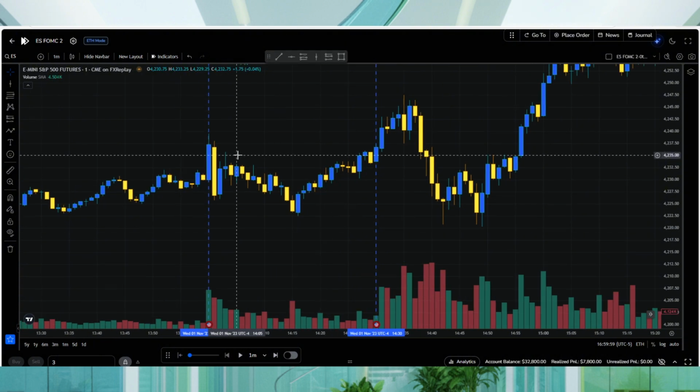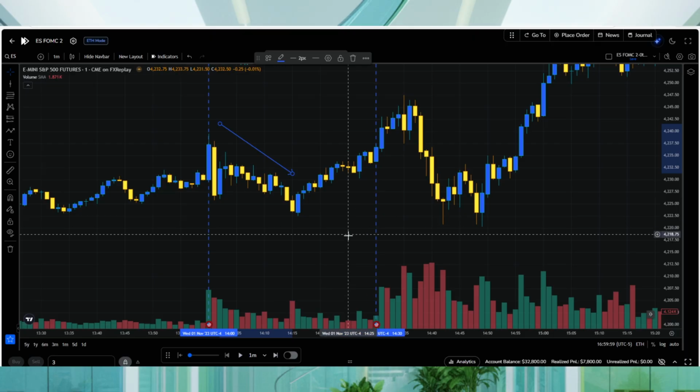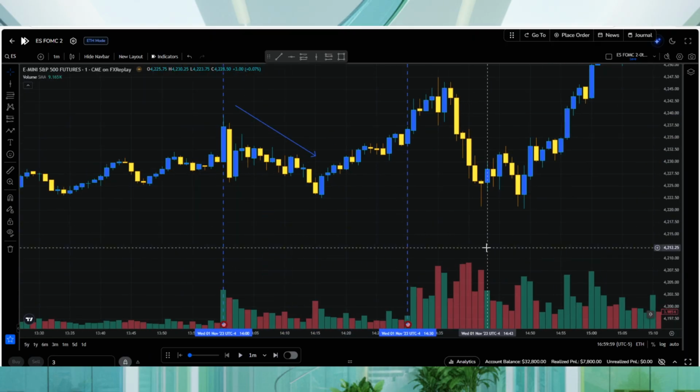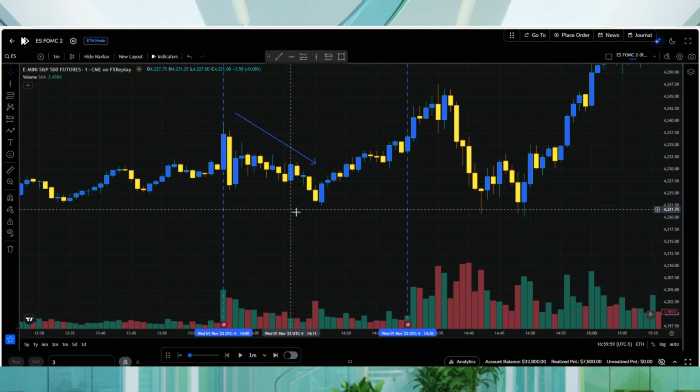The market is selling off here. Well, from 2 to 2:30, I see the market printing a lower low and lower highs. So we get lower highs here and we get lower lows here.